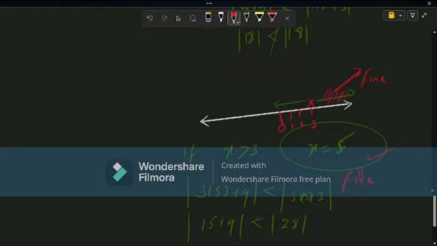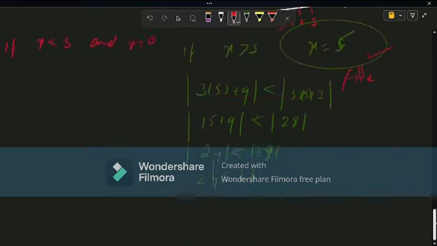Let me choose the value 0, that is to the left of 3, and let's plug back to see whether this holds or not. If x is less than 3 and x is equals to 0, maybe you can also choose -1, -3, whichever you want to choose. As a random point, I'm choosing the origin.